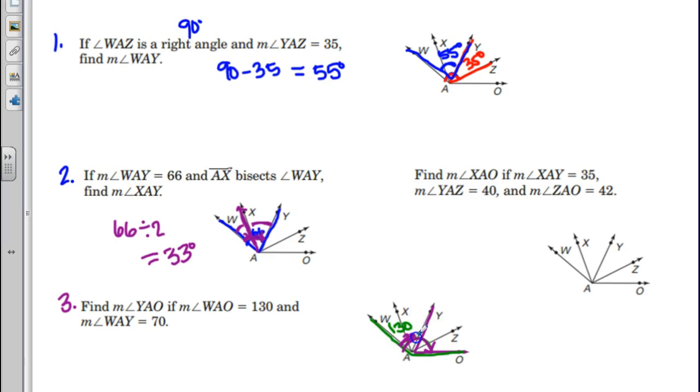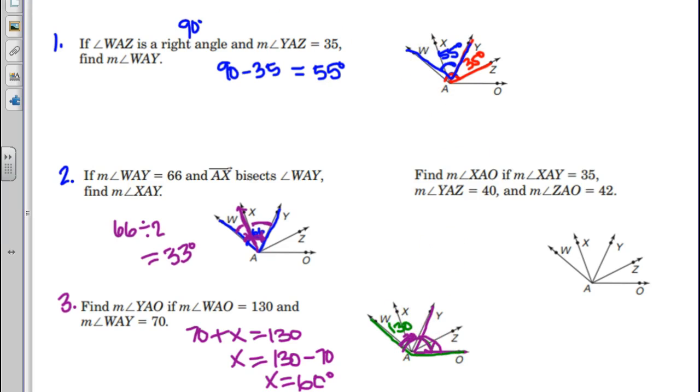So we can see that 70 plus something gives me 130, or 130 minus 70 gives me YAO. WAY is 70. So we subtract those and we get 60 degrees. So YAO is 60 degrees. 60 plus 70, 130. Bam.